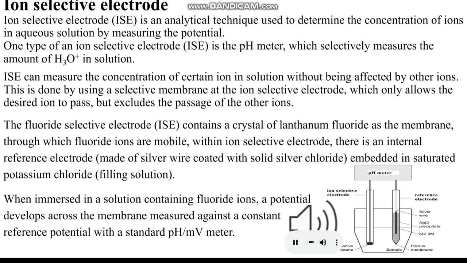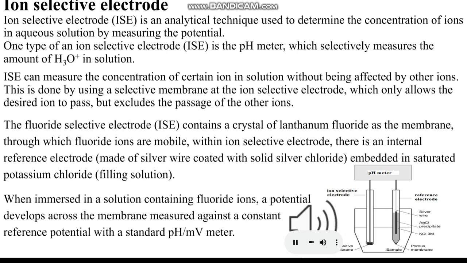Ion selective electrode is an analytical technique used to determine the concentration of ions in aqueous solution by measuring the potential. An example of ion selective electrode is the pH meter, which is used to measure the amount of H3O+ or the acidity of the solution.